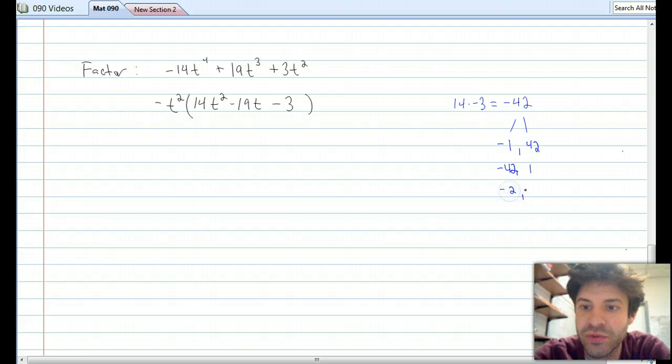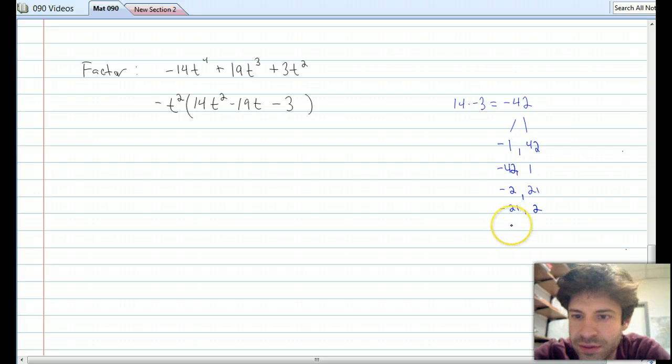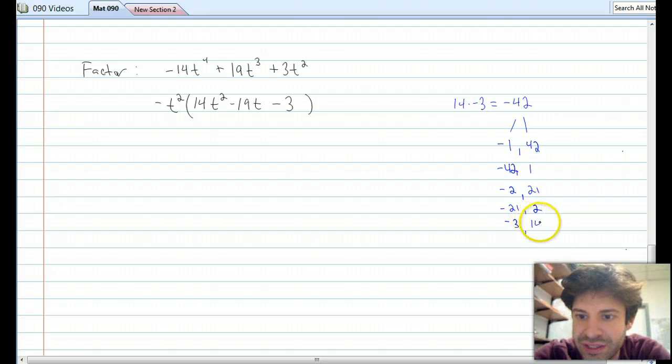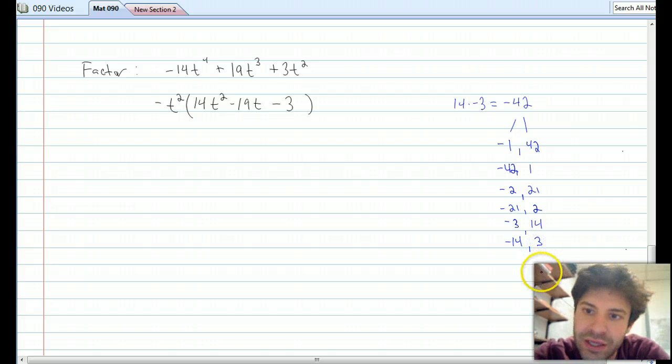Also, negative 2 and 21 multiply to get 42, and negative 21 and 2 do as well. We can keep going. Negative 3 and 14, as well as negative 14 and 3.